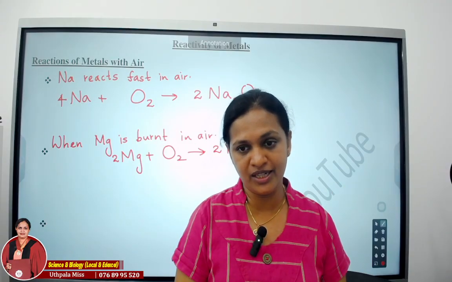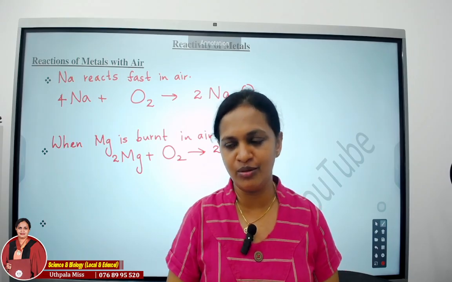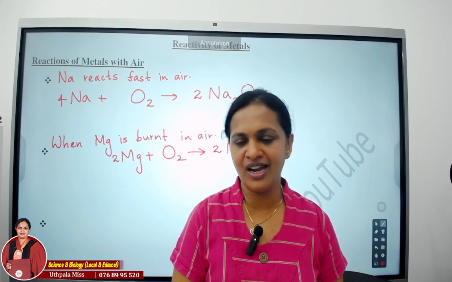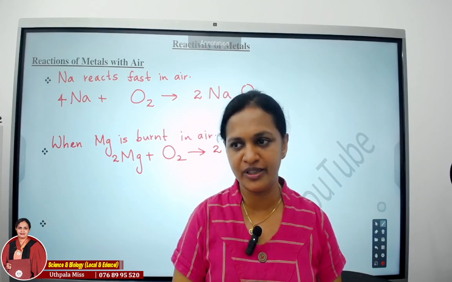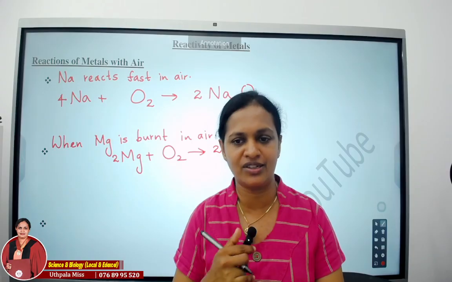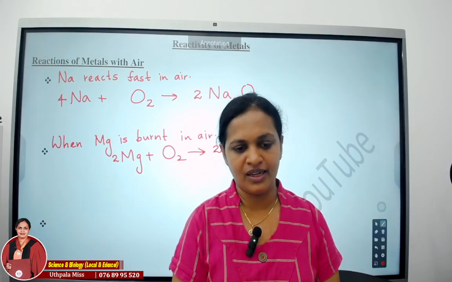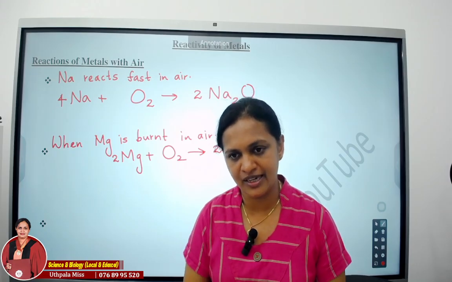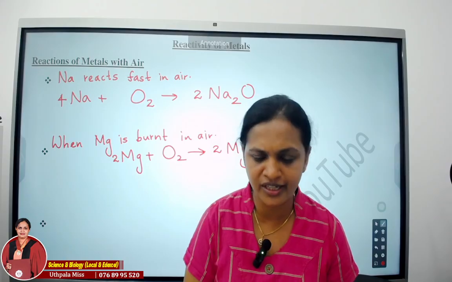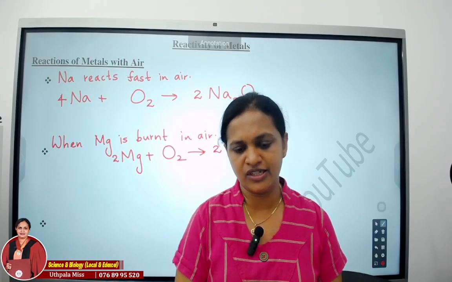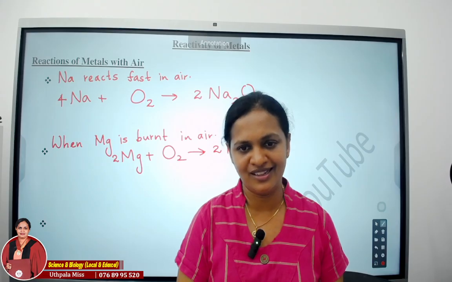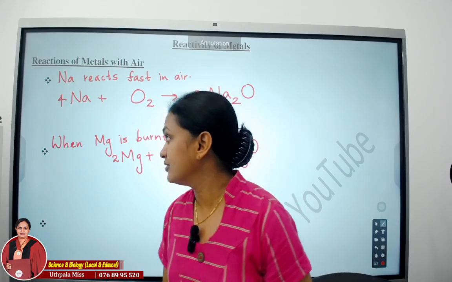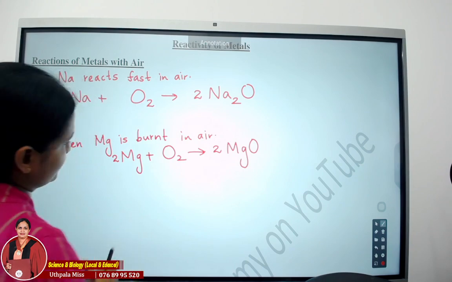Even aluminium, as in aluminium cooking vessels, reacts with oxygen and forms the oxide layer, but the rate of the reaction is very slow.